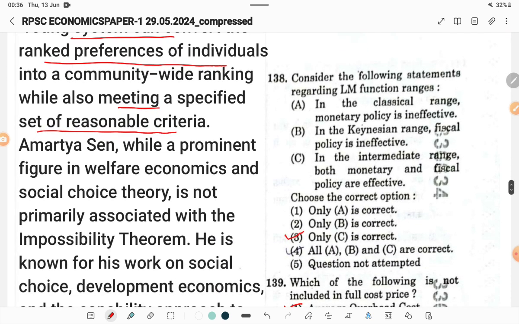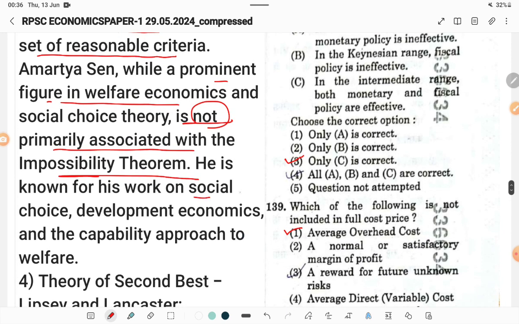And Amartya Sen, while a prominent figure in welfare economics and social choice theory, is not primarily associated with the impossibility theorem. He is known for his work on social choice, development economics, and the capability approach to welfare.